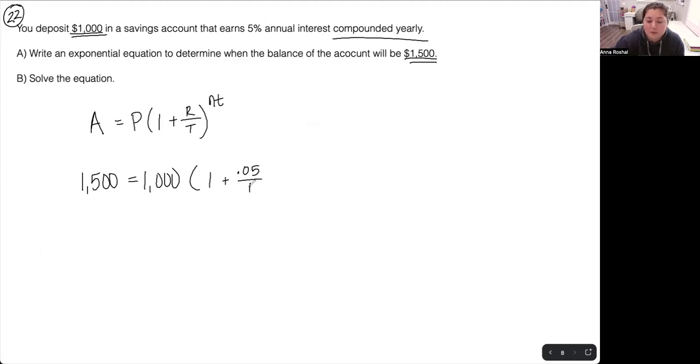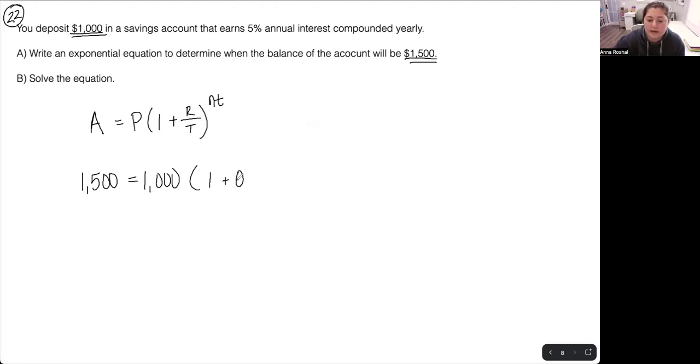So yearly is just one. I think my head cold or my flu is making an issue with my reading. I thought it said compounded quarterly. If it were compounded quarterly, that would mean it's compounded 4 times a year, and we would just do 4 here. But annually is just once.